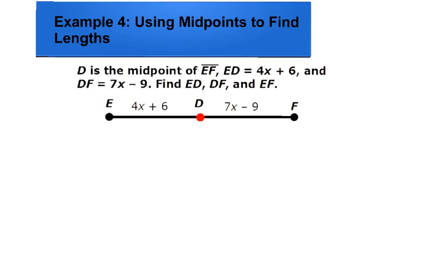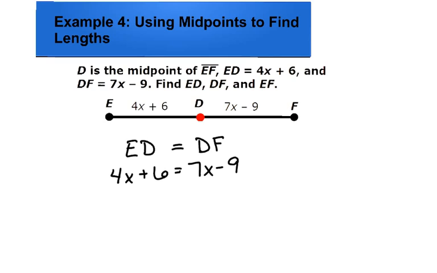And if we know that D is indeed the midpoint, what we need to do is say ED is equal to DF. And we can plug in our 4x plus 6 for our ED, and then our 7x minus 9 for our DF. And we have an equation to solve.